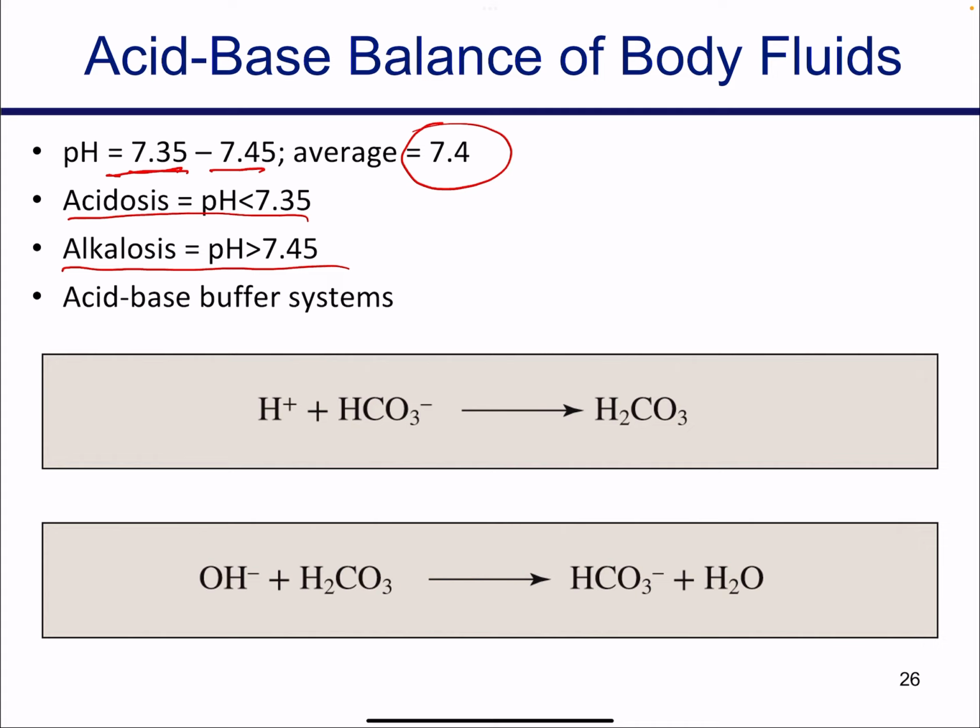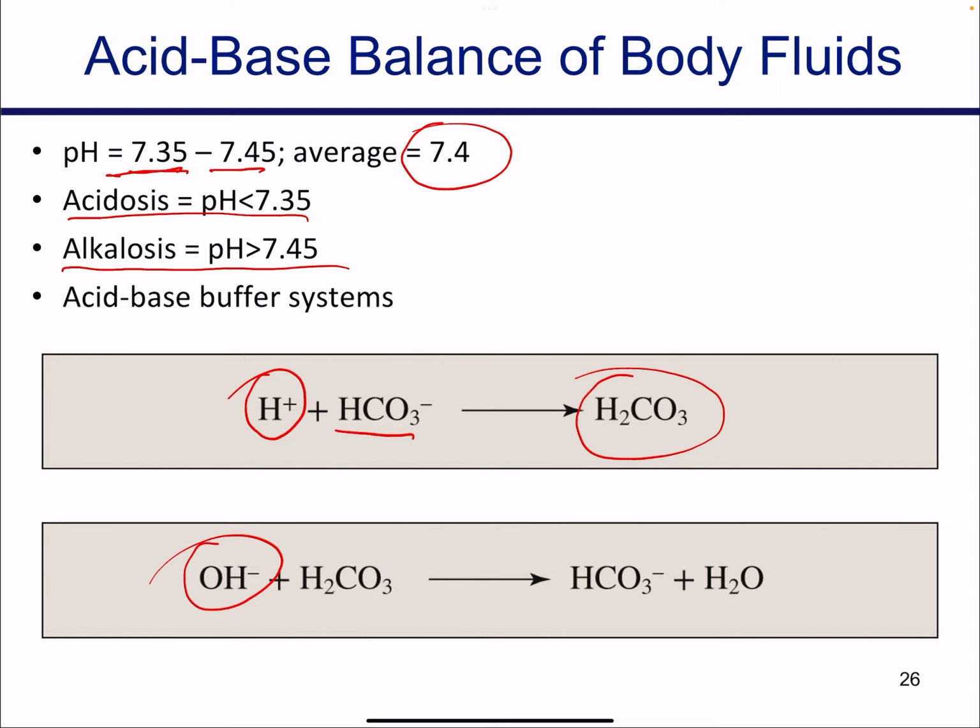For that, you have a constant movement from hydrogen ion combining with bicarbonate to form carbonic acid, right? That carbonic acid can be dissociated, and when it's dissociated, you have a combination with OH ion.